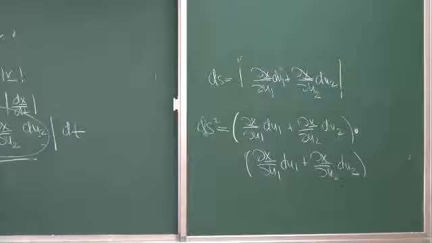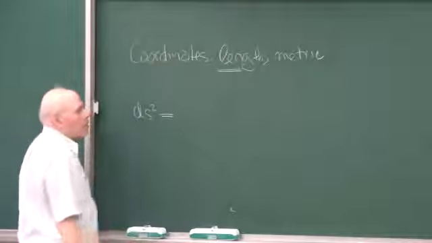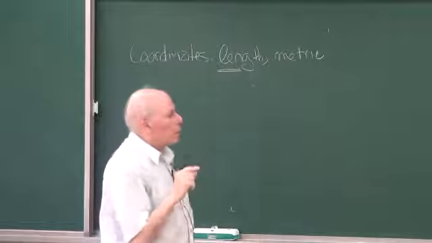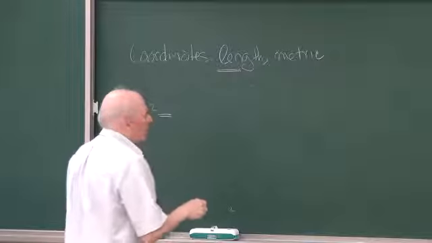So I'll erase everything here. So if I don't make a mistake, ds squared is, its first term is with the du1 squared, so it's x u1 dot x u1.